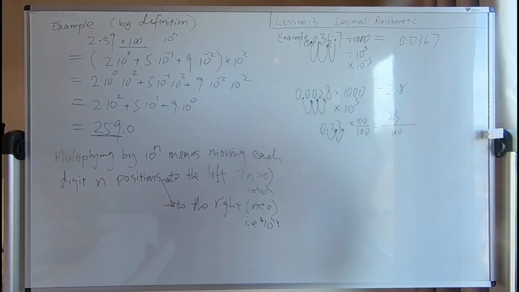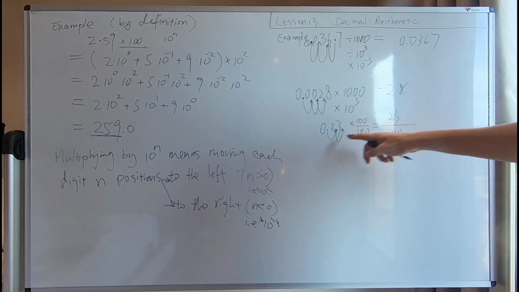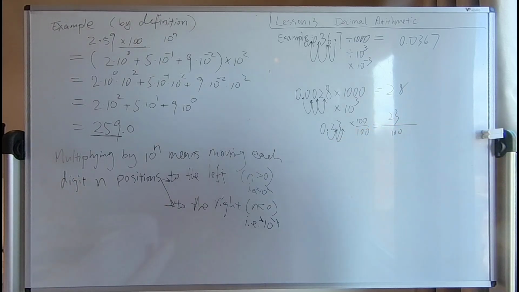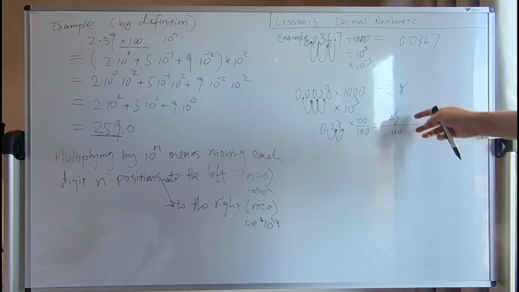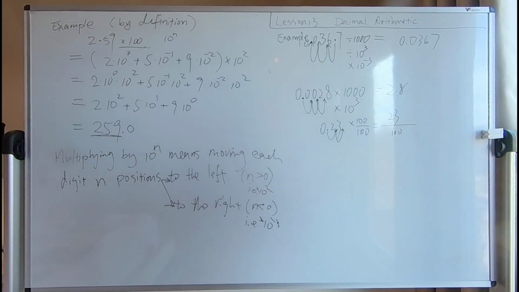So even though it's still a fraction, it's not a real integer, I'm replacing the decimal number with a couple of integer numbers. And later on, the integer numbers will help you to do the multiplication and division.